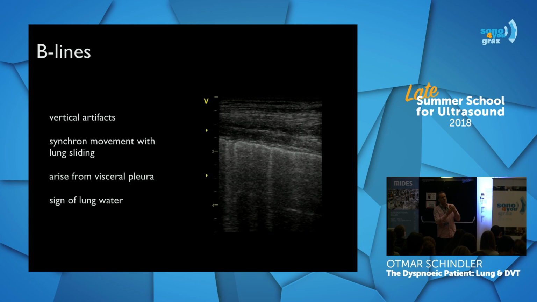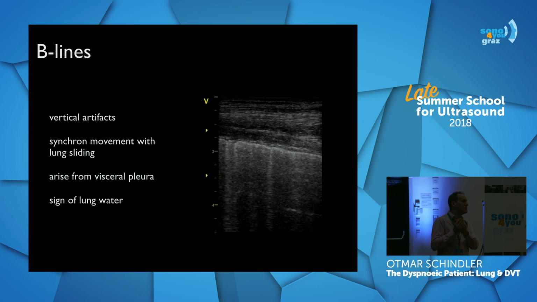The problem is if there is not only air but some other things inside, like for example water, like for example interstitial tissue, it gets reflected and reflected and reflected, and it makes a laser beam-like artifact towards the end of the screen that's moving with every respiratory motion, because it arises from the visceral pleura.